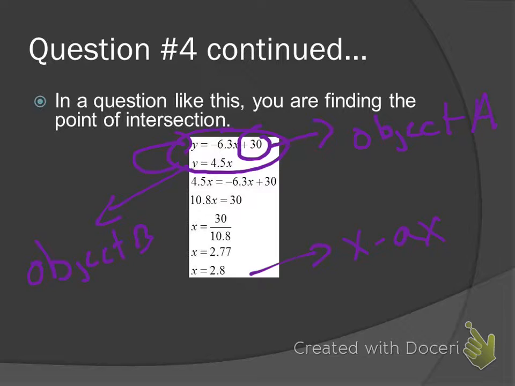That's what we're concerned with. So now we have time that equals 2.8, which is really, in terms of the units provided in this question, 2.8 hours, which means that after 2.8 hours, the trains or the objects will meet each other or find the point of intersection.